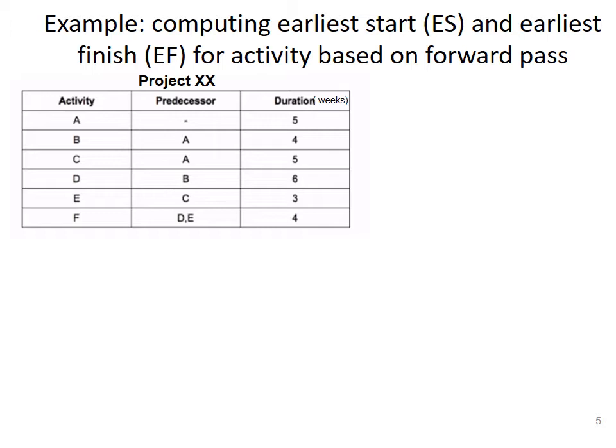Okay, saya akan ambil contoh untuk row activity B. So, untuk activity B, predecessornya ialah activity A. Ini menunjukkan activity A berlaku sebelum activity B. Okay, activity A comes first and then activity B.